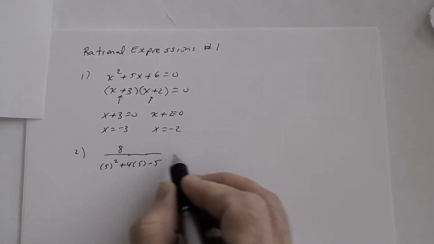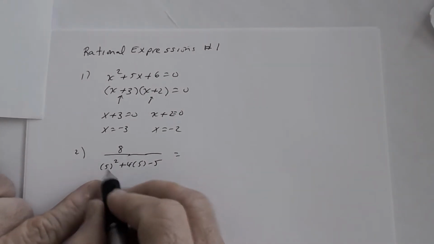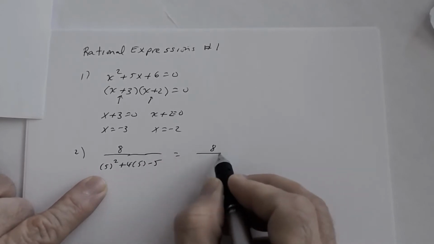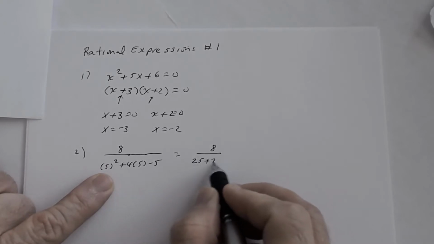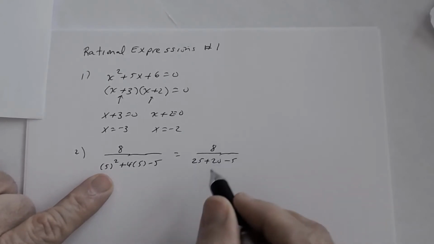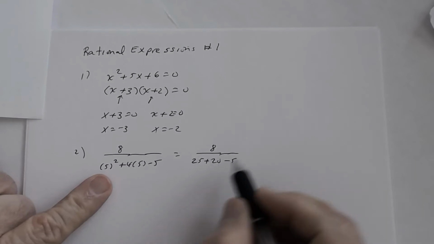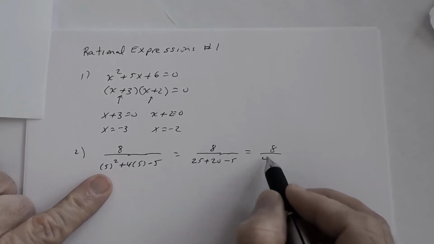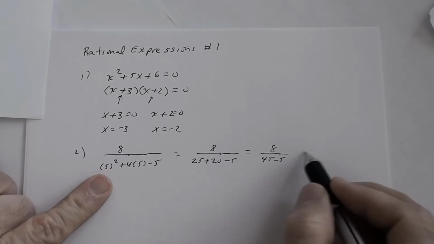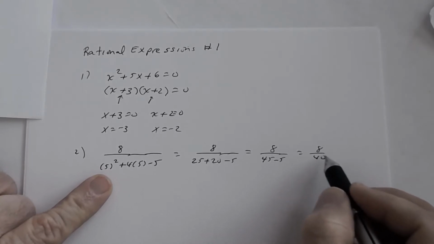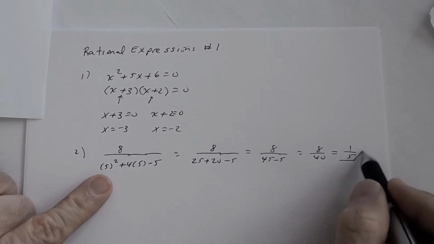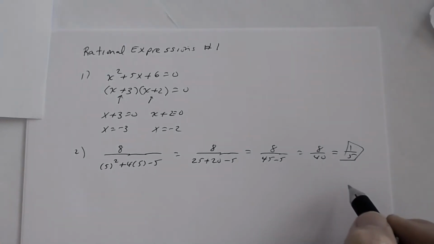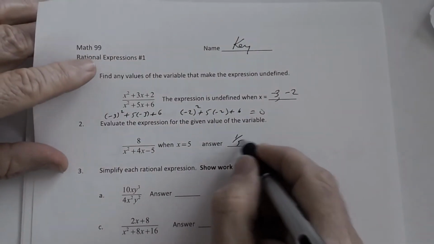Simplifying the denominator, 5 squared is 25, 4 times 5 is 20, and then minus 5. Using the order of operations, 25 plus 20 gives me 45, and 45 minus 5 gives me 40. When I reduce this, they're both divisible by 8, so I get 1 divided by 5. So number 2, the answer is 1/5.